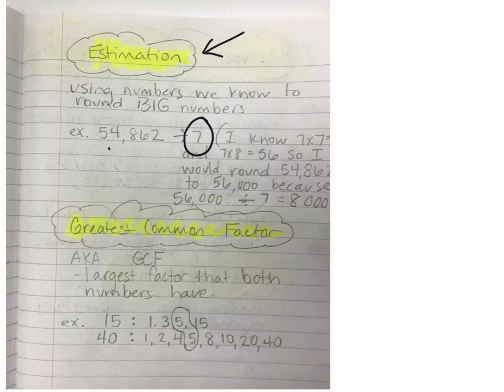Ooh, 49 is pretty close. So here 49, what's after 49? 56. Ooh, that's closer to 54 than 49 is. So I think I'm going to choose to round it to 5,600, right? 56,000, sorry. I don't know if I said that right.